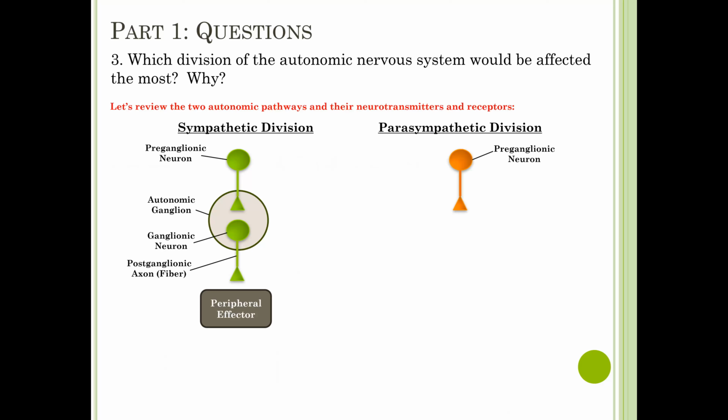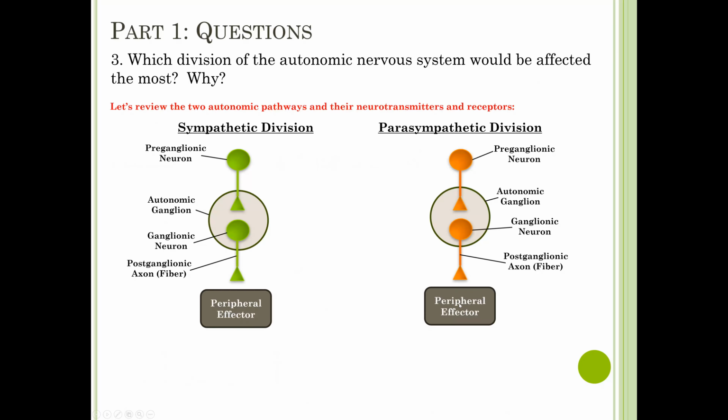Our parasympathetic division has a similar setup. We have a preganglionic neuron, which leaves the spinal cord or brainstem and goes out to an autonomic ganglion, where it forms a synapse with a ganglionic neuron, which also has a postganglionic axon, which is going to go further out and also communicate with a peripheral effector, which would be cardiac or smooth muscle or a gland.